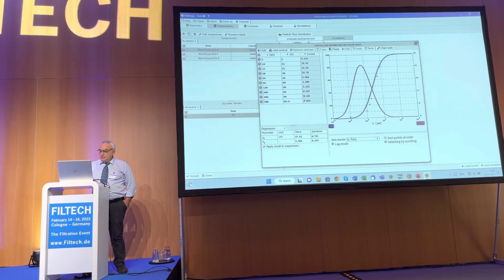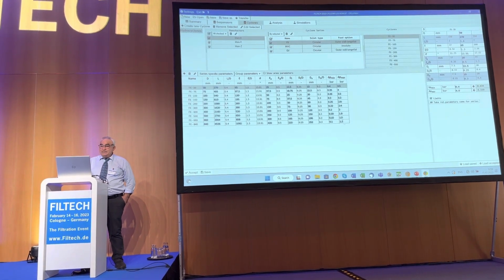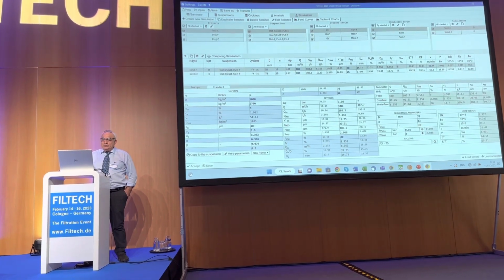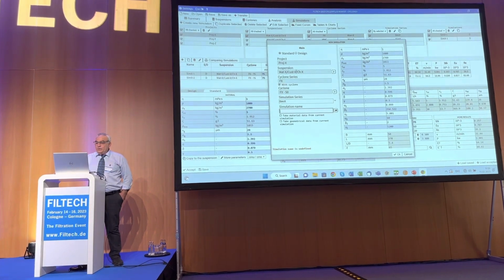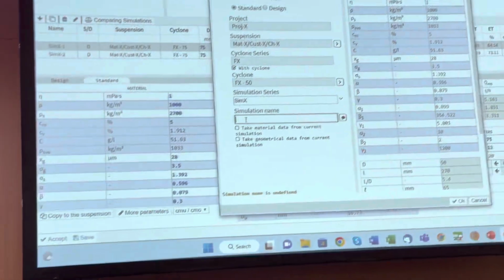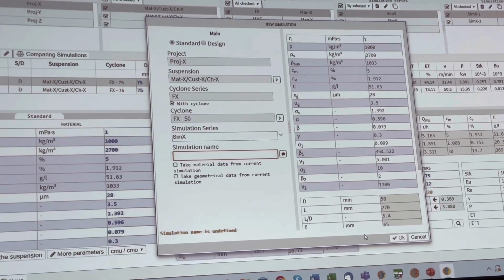Here you have the cyclones database, and it's very easy for doing a simulation just here. Plus, what is your project? What is your material? What is your cyclone? Name of the simulation, and then okay, you have immediately a simulation result.